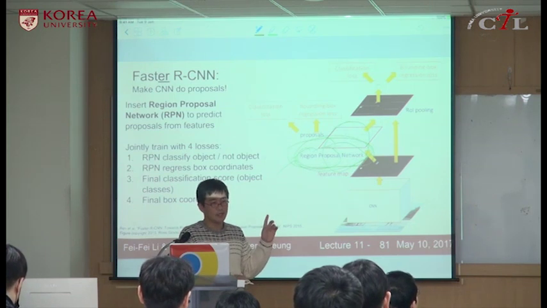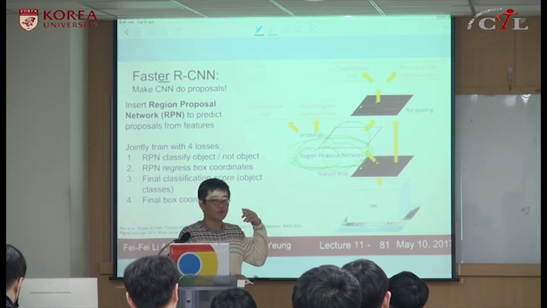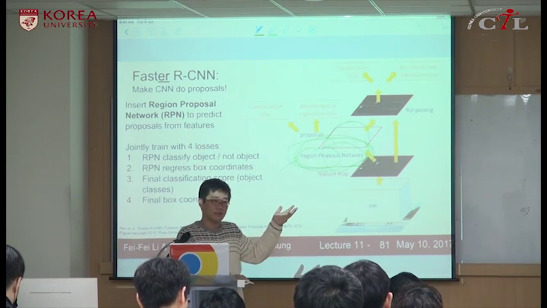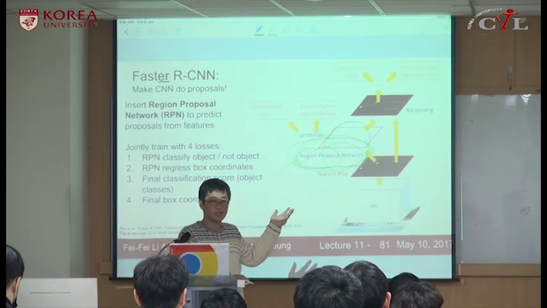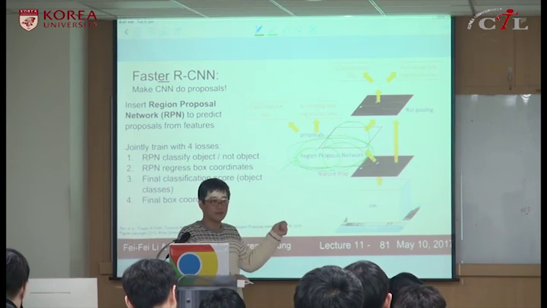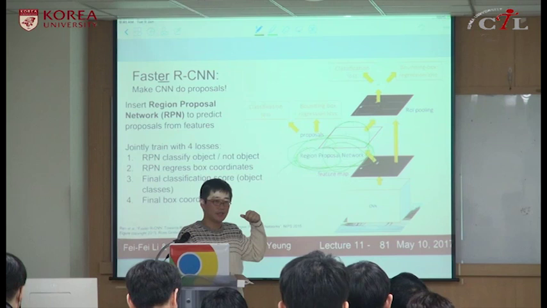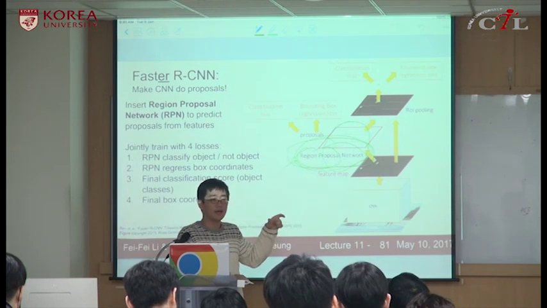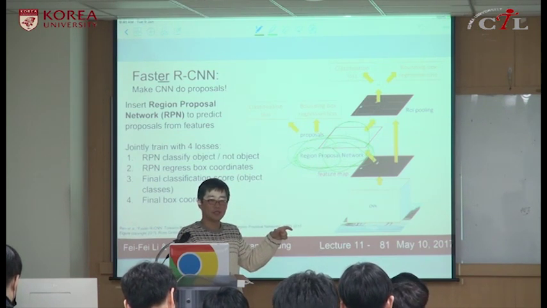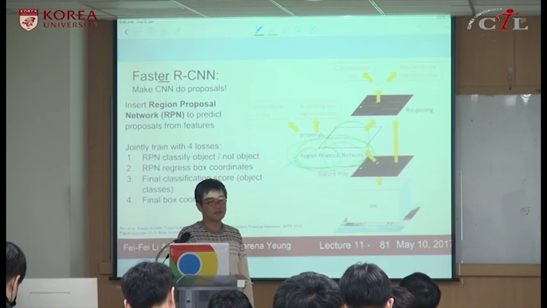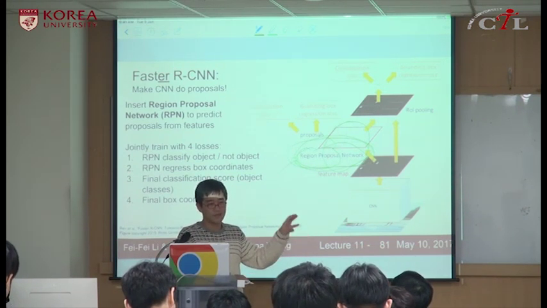So in that sense, it is more of an end-to-end training paradigm, compared to Fast R-CNN. In the case of Fast R-CNN, we adopted a separately designed region proposal method, so we cannot modify it flexibly. That is a fixed algorithm.